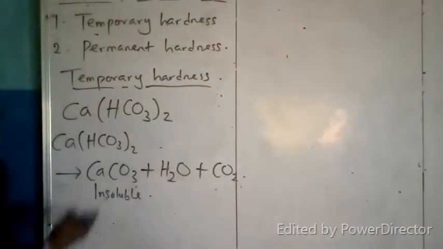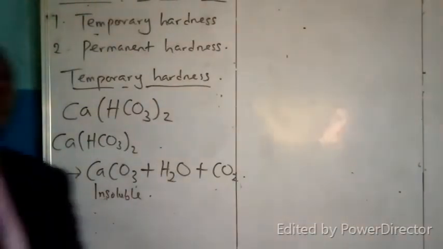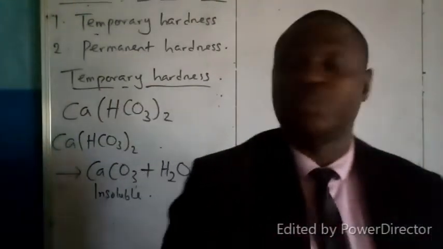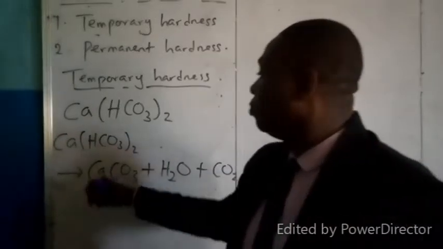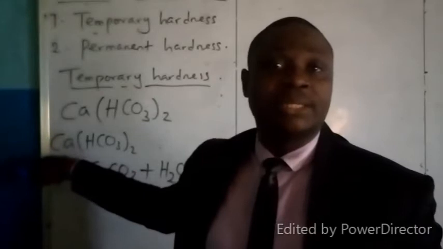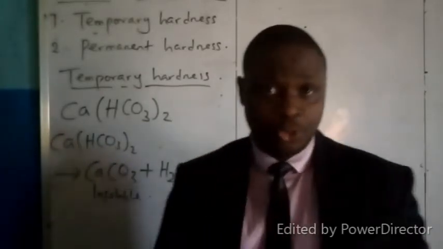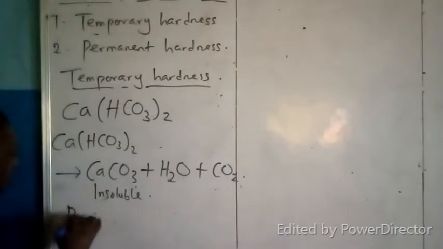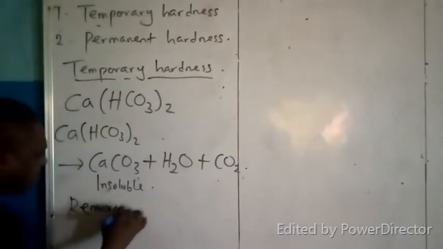Now, in this case, how do we take care of the temporal hardness? How do we remove the calcium ion from that water to make it useful for our use? One, we are going to look at the removal of hardness.